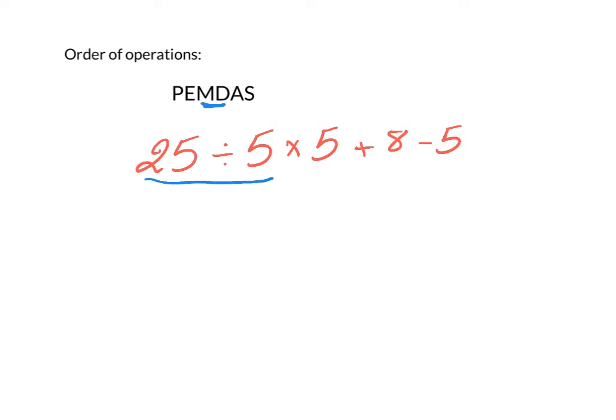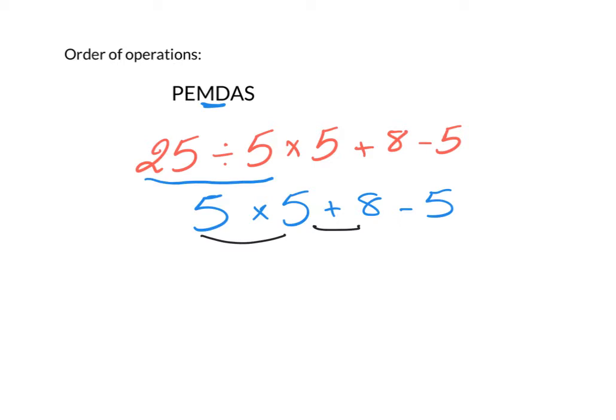All right, so we have 25 divided by 5, that will be 5. That will be 5 times 5 plus 8 minus 5. Now what do we have here? We have multiplication, addition and subtraction. Of course, the priority will be given to multiplication. Why?